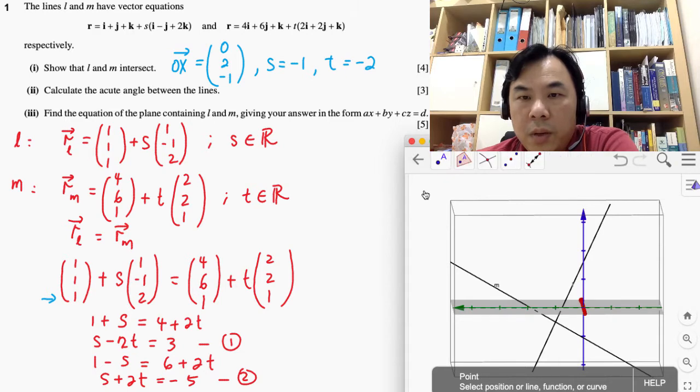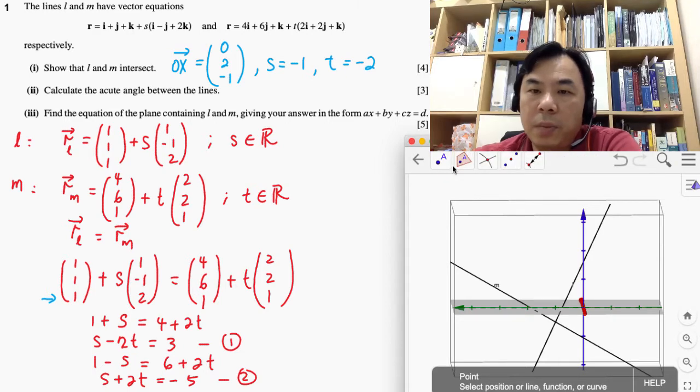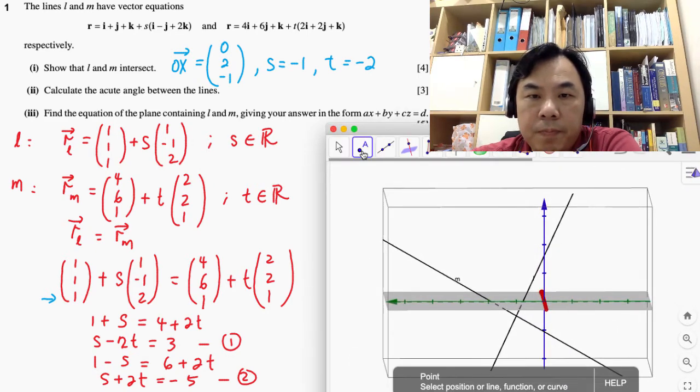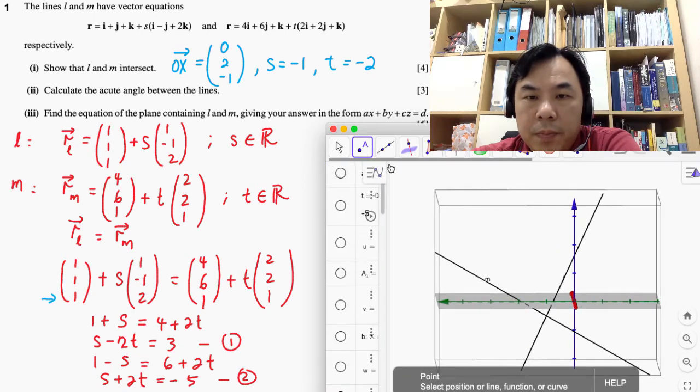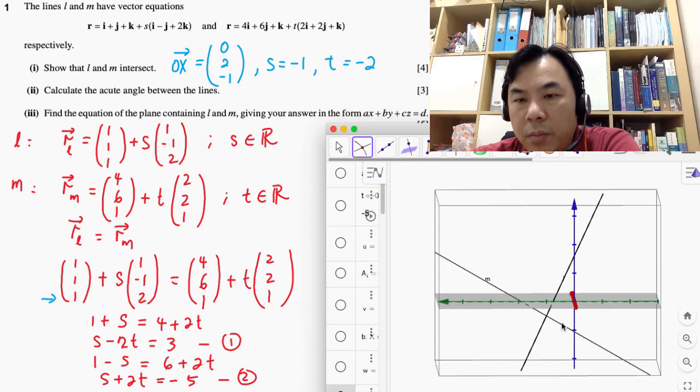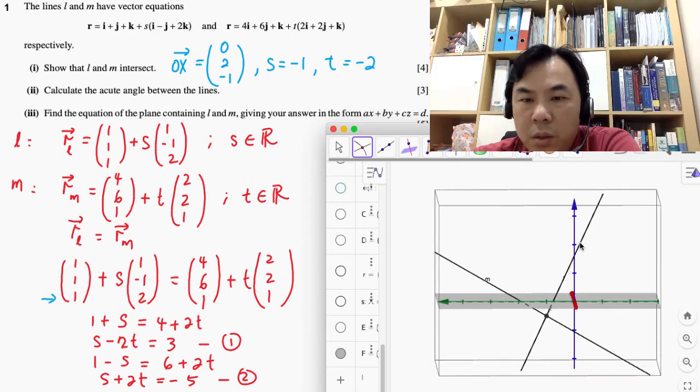We're going to find the intersection point. Let me make it larger a bit. Intersection point. So I'm going to select both of these lines to see where they intersect.